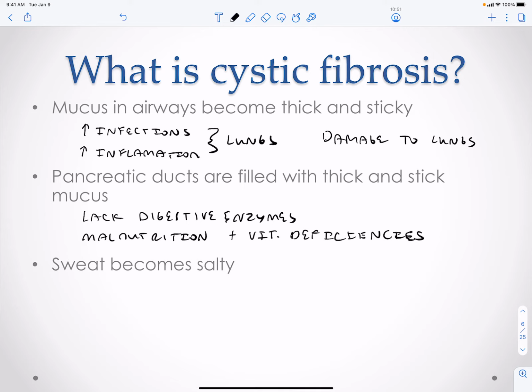Another thing that's associated with cystic fibrosis is that your sweat becomes very, very salty. Our sweat is normally salty, but it becomes very salty. And so you have an excess loss of salt that is going to contribute to an imbalance of minerals, again, electrolytes.